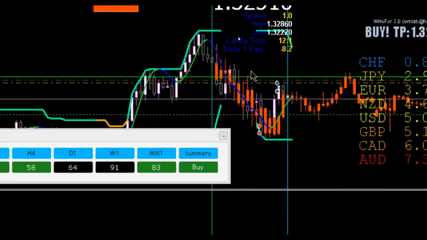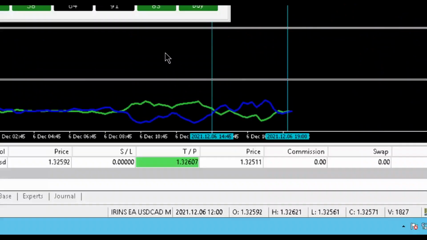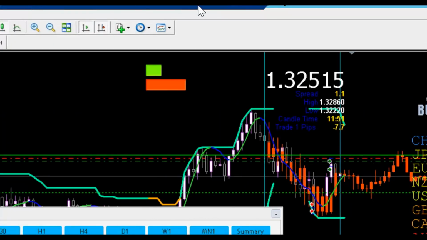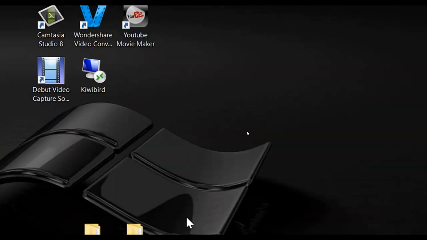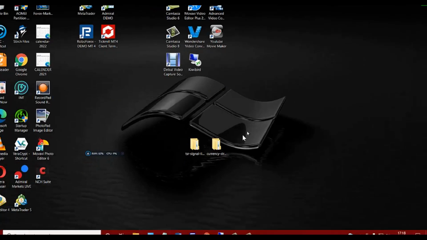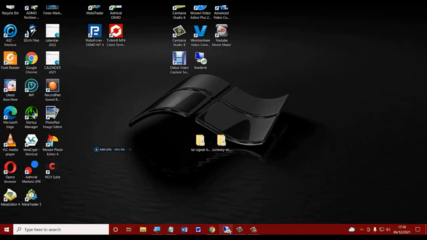Let me just try and zoom out, because I can't do it from the server. Let me just zoom out here. That's it, and then get back to here.